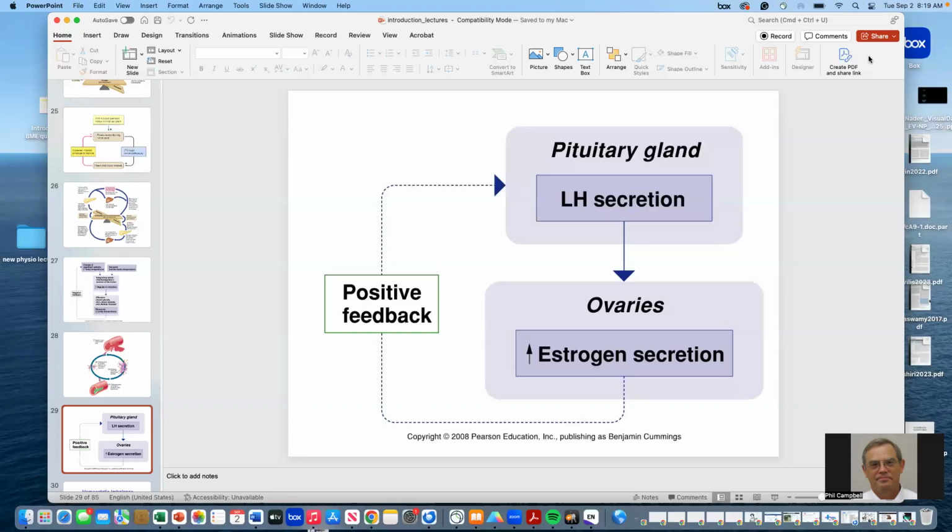LH goes to the ovary, promotes the release of more estrogen. With positive feedback, that means more estrogen, more LH, more estrogen, more LH. Eventually, we get a spike of LH, which induces ovulation and loss of the egg. So this is another example of positive feedback.